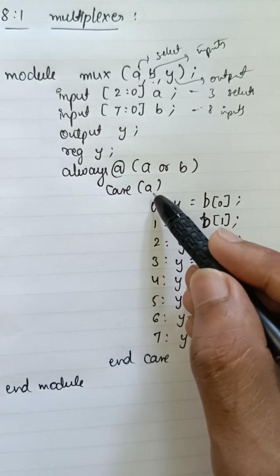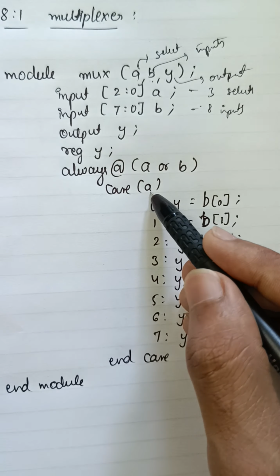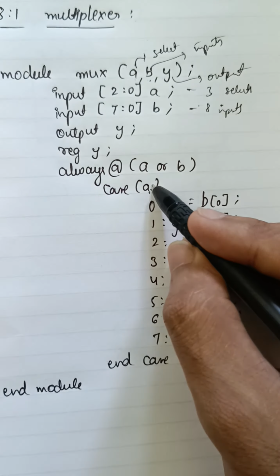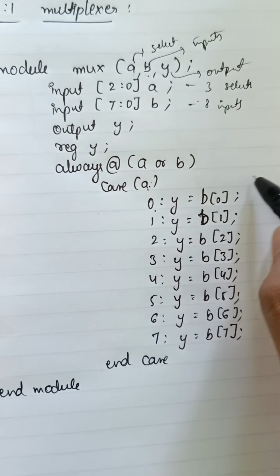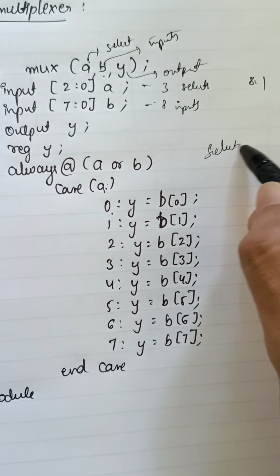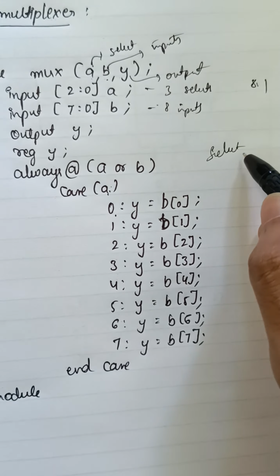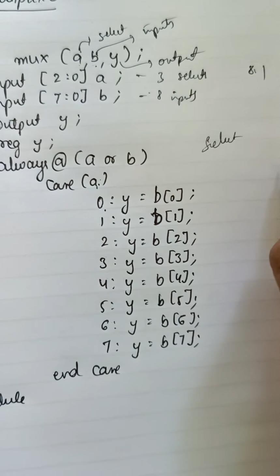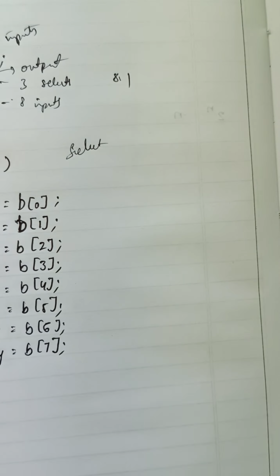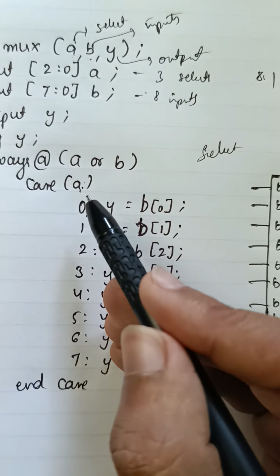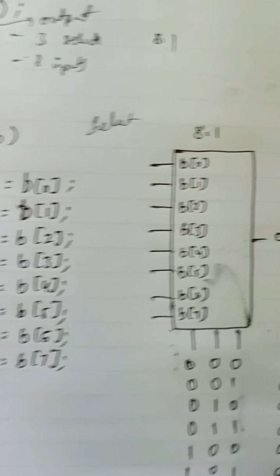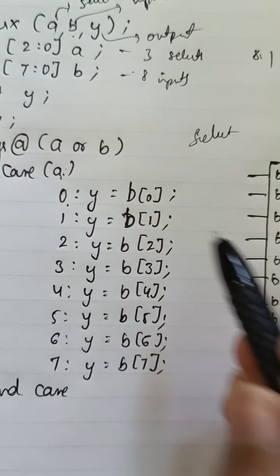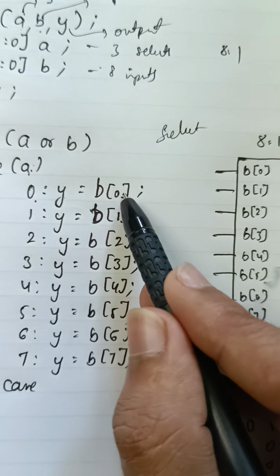Here, case A: if A is 0, that is the select line in the multiplexer is 0, that is 0, 0, 0, then the Y value, that is the output value, will be B of 0.